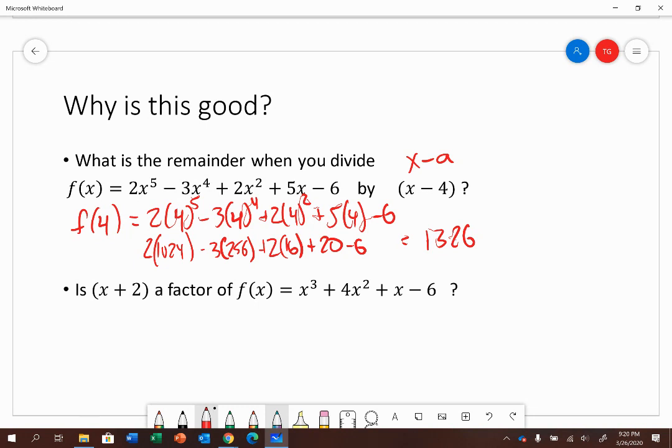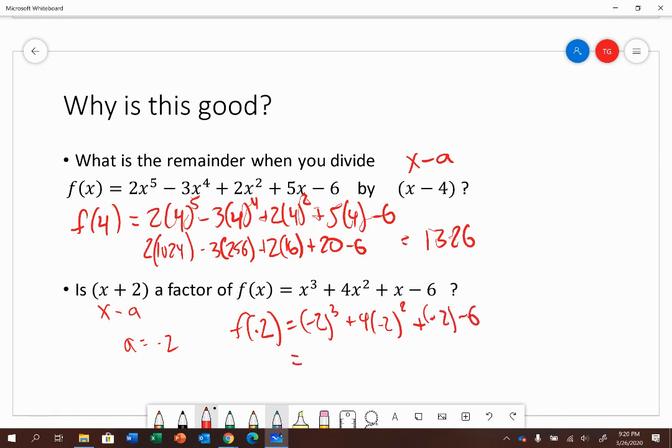The next problem here, if we wanted to know if x plus 2 is a factor of f of x equals x cubed plus 4x squared plus x minus 6, well, we could solve that easily. This is x minus a, so that means a is equal to negative 2. So I want to know what is f of negative 2. So I would say it's negative 2 cubed plus 4 times negative 2 squared plus negative 2 minus 6.